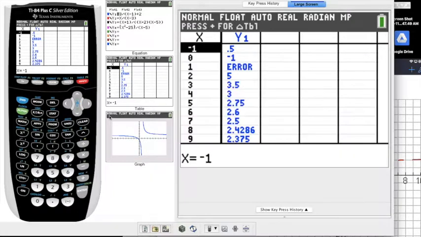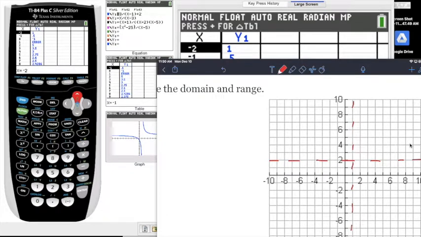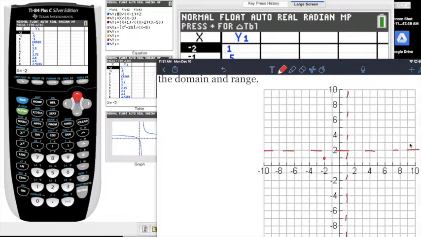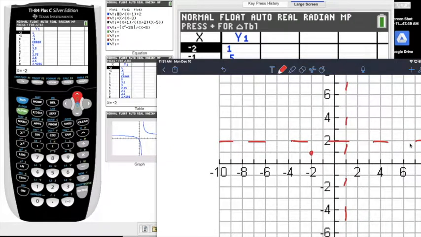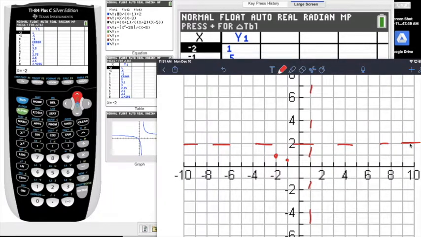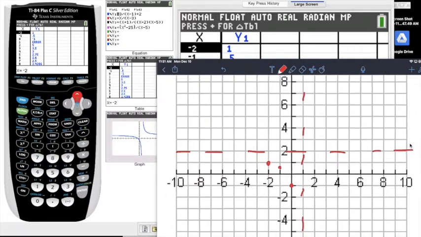So let me see here with the graph. Okay, yeah, there we go. (-2, 1) was a nice point. (-1, 1/2) is pretty decent. You got (0, -1) actually. We can do that pretty good.